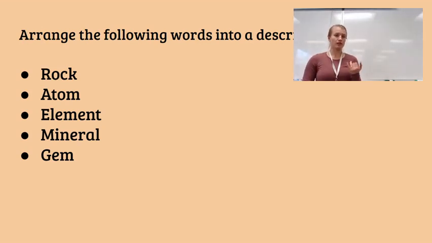You have rock, atom, element, mineral, and gem. We just talked about rocks, minerals, and gems, and atoms and elements are a little bit of review about the periodic table. We know that atoms are the smallest thing, and when you have a bunch of atoms together, that's going to create an element.